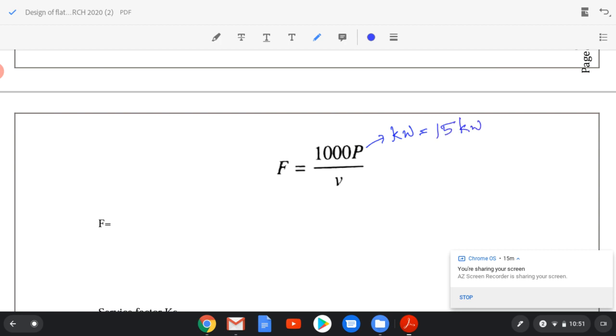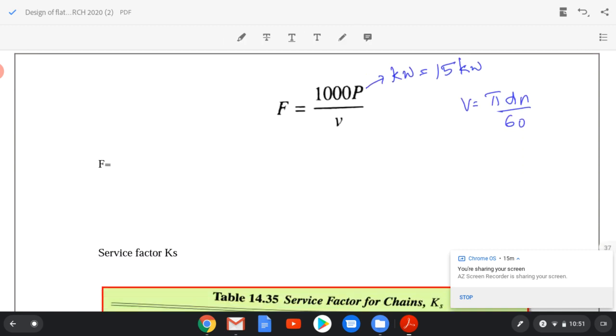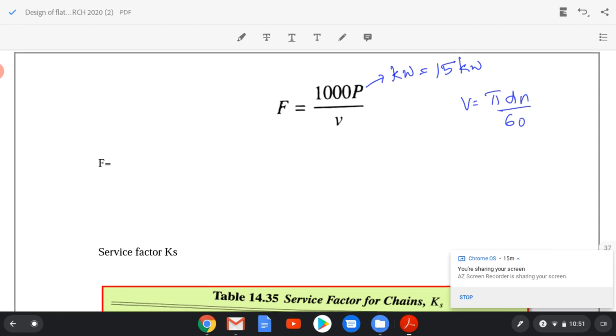And v is the velocity, v equal to pi d n by 60, for both the smaller and the bigger sprocket. Tangential velocity will be the same. If I take the smaller sprocket, I can write v equal to pi into d1, which is 152 mm, 0.152, into its speed 1000 rpm, n by 60.